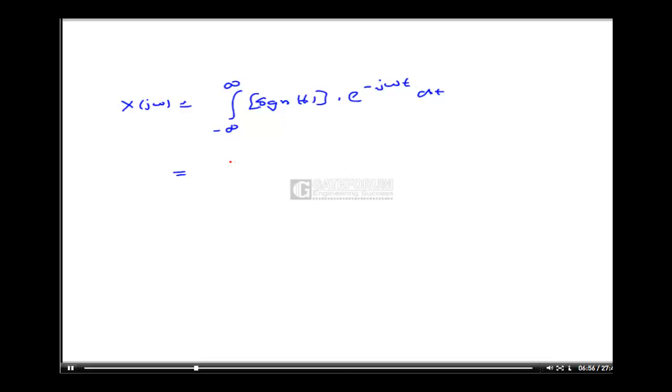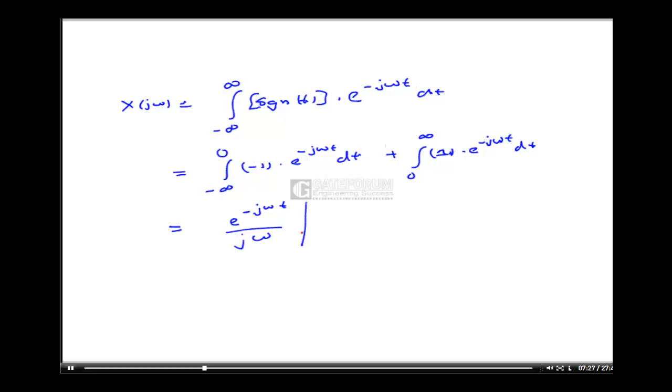I can write it as the integral from minus infinity to 0 of minus 1 e to the power minus j omega t dt, plus the integral from 0 to infinity of 1 dot e to the power minus j omega t dt, which is equal to e to the power minus j omega t upon j omega from minus infinity to 0, plus e to the power minus j omega t upon minus j omega from 0 to infinity.